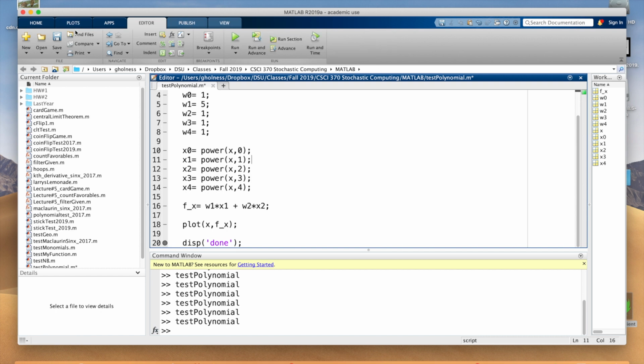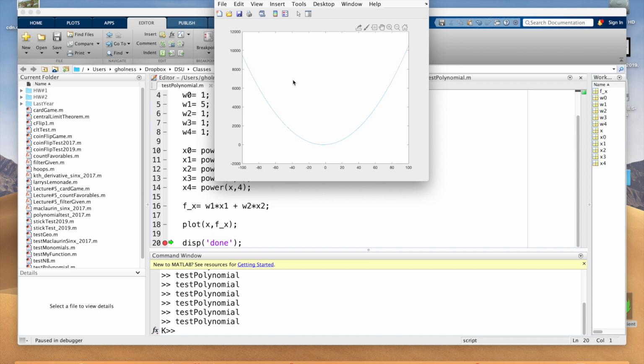So let's take a look at what the result of that is. So it's 5 parts W1 x to the 1 and 1 part W2 times x squared. So let's save that and let's run it. And you'll notice here that the right-hand side is higher than the left-hand side. It's no longer symmetric.